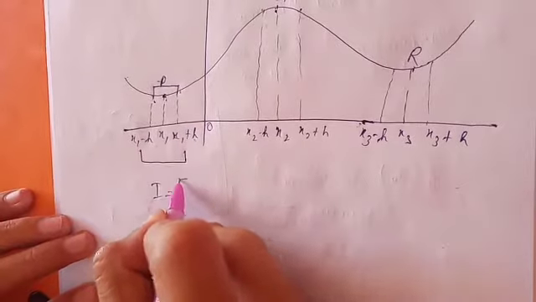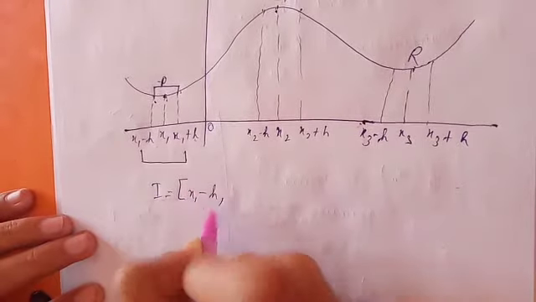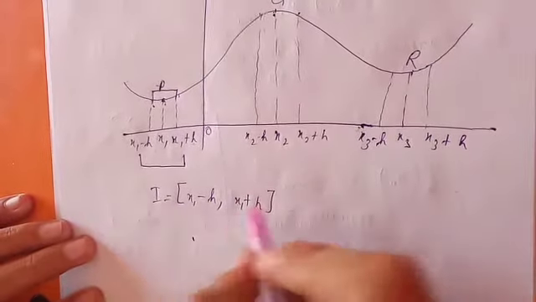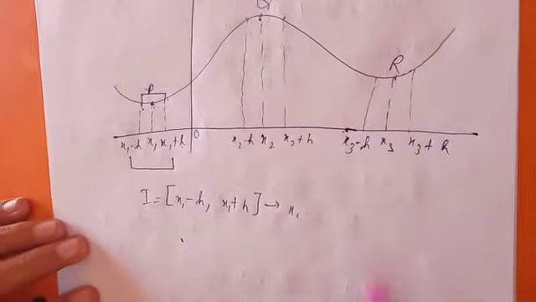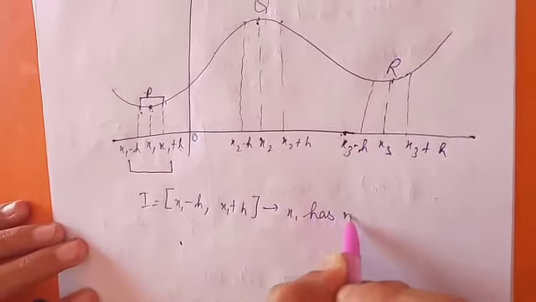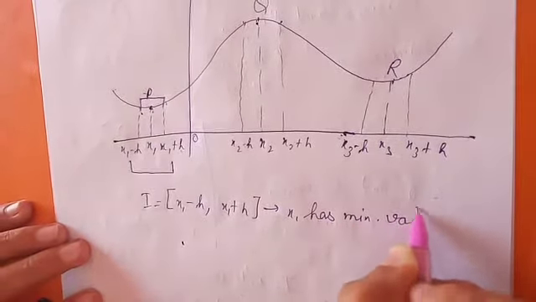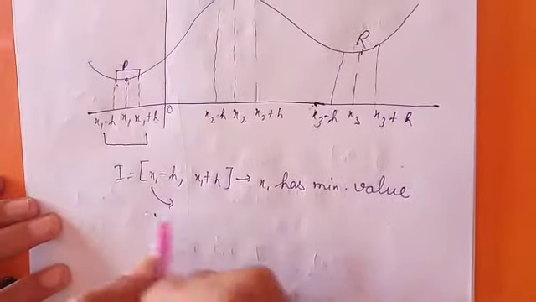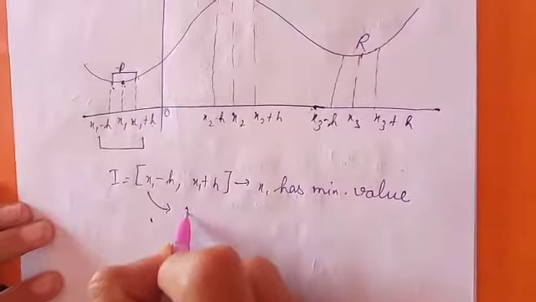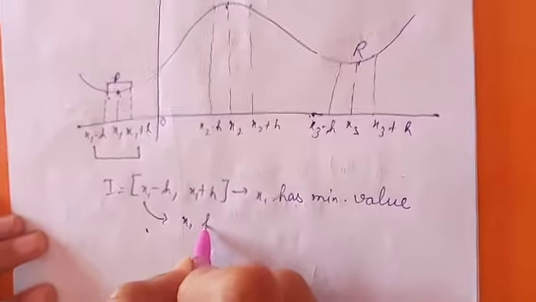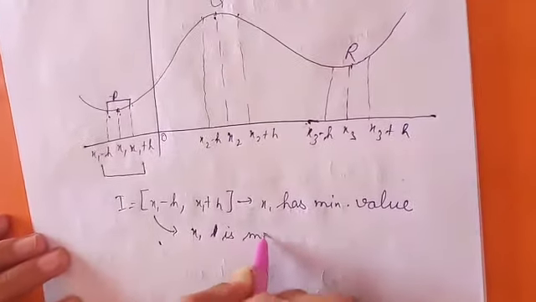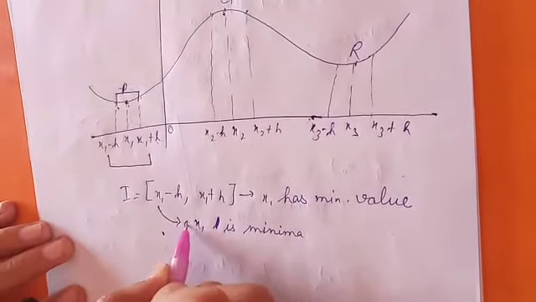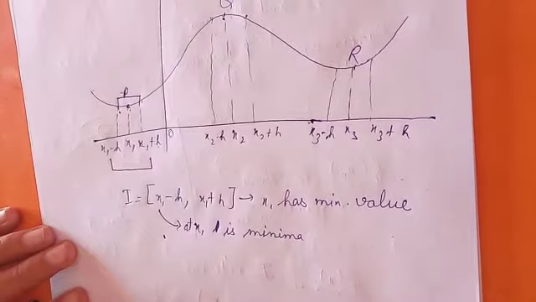Our interval is x1 minus h to x1 plus h. In this interval, x1 has the minimum value. So it means that for this interval, x1 is a minima.